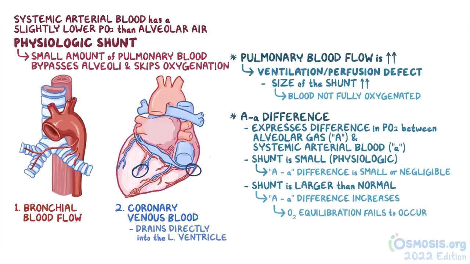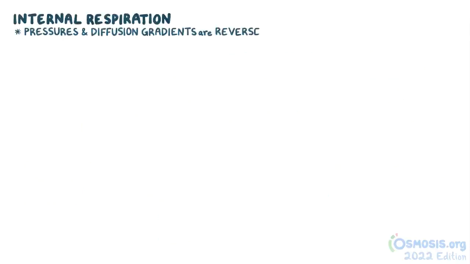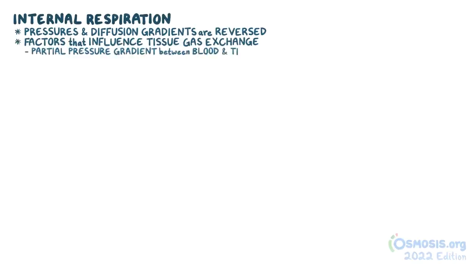Now let's switch gears to internal respiration, where the partial pressures and diffusion gradients are reversed from the situation described in external respiration. However, the factors that influence tissue gas exchange are similar to the factors of alveolar gas exchange and include partial pressure gradients between the blood and tissues, the blood perfusion of those tissues, and the surface area of those tissues.